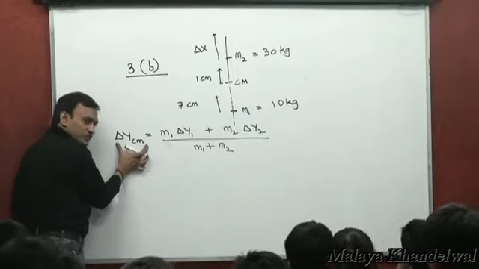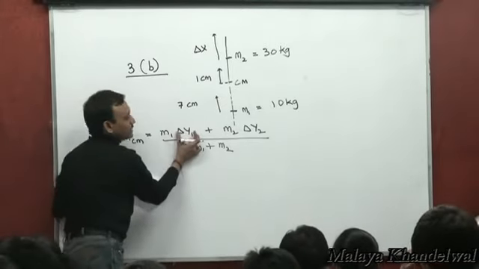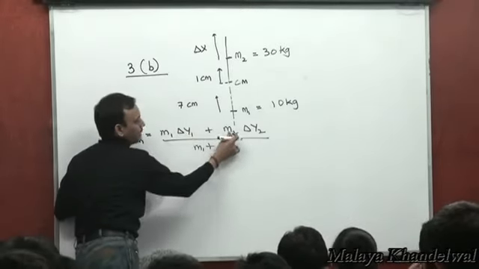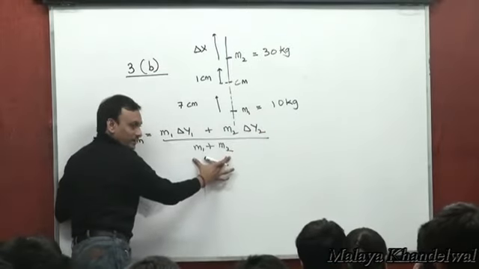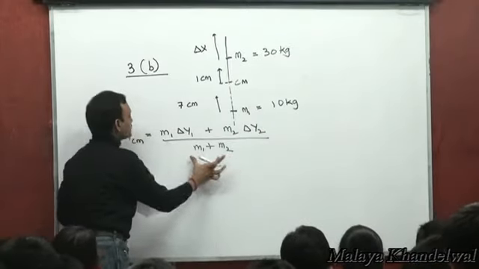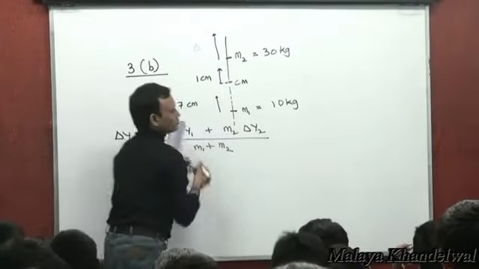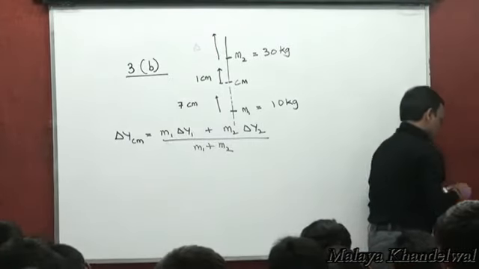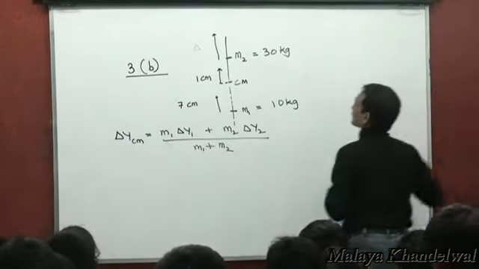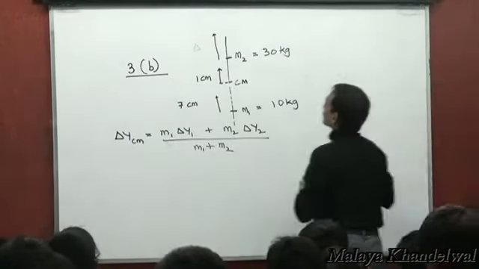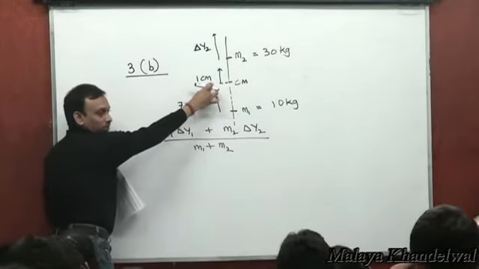So in this case, you can call it m2 is some delta y2. Delta y2 you have to compute. Delta y is given to be 1 centimeter already.